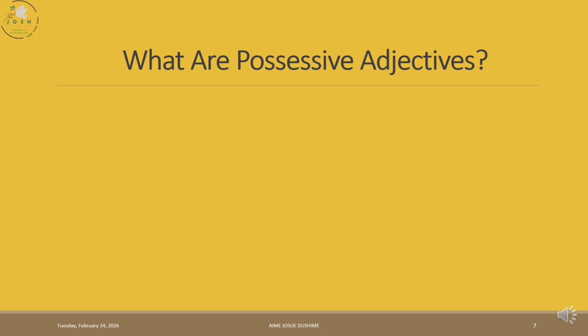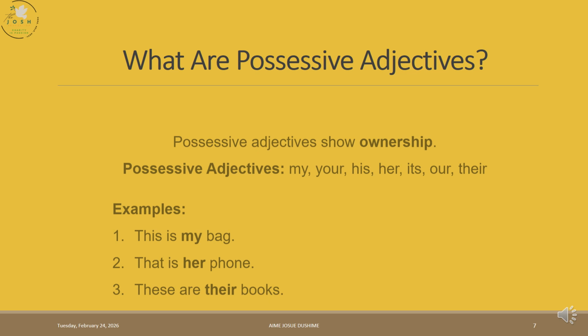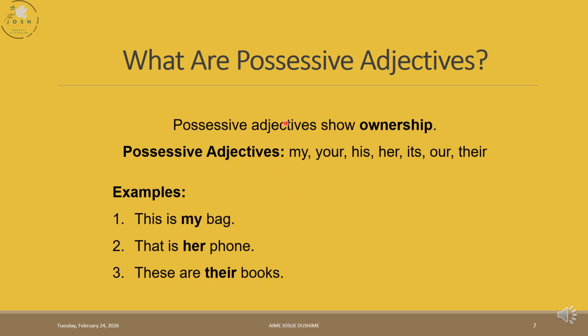Now, what are possessive adjectives? We have first learned subject pronouns, and we continued with object pronouns. And now at this time we are going to deal with what we call possessive adjectives. What are possessive adjectives?